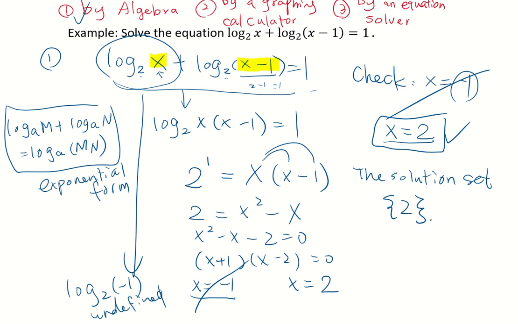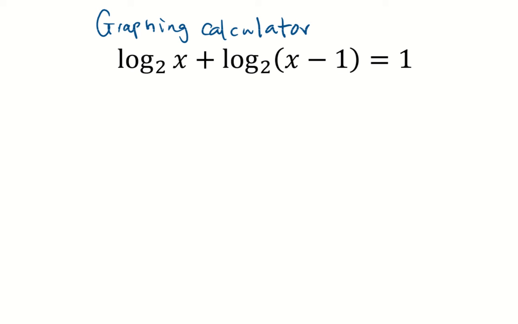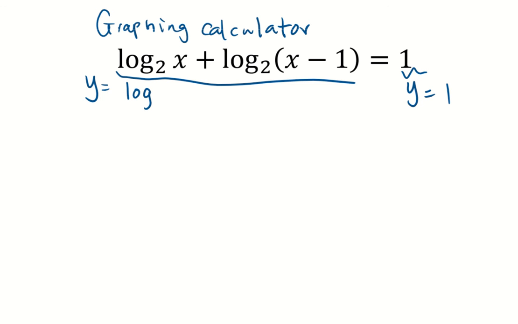Now let's look at how to solve it by using a graphing calculator. To solve this using a graphing calculator, first you want to write two functions. The first function will be y equals the left side of the equation, and the second function will be y equal to the right side of the equation, which is 1. So we have a system of two functions.